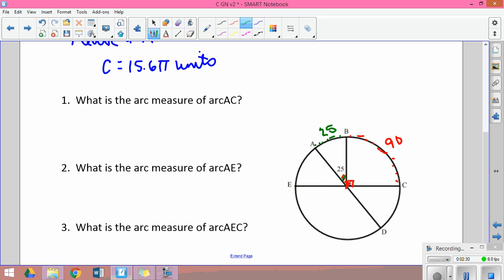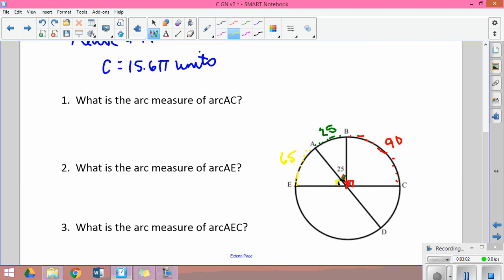Now, if we think about this entire piece, that's 180, or even better, if we look just at this side right here, that has to be 90. So this arc right here is 90 minus 25, and so that arc right there is 65.